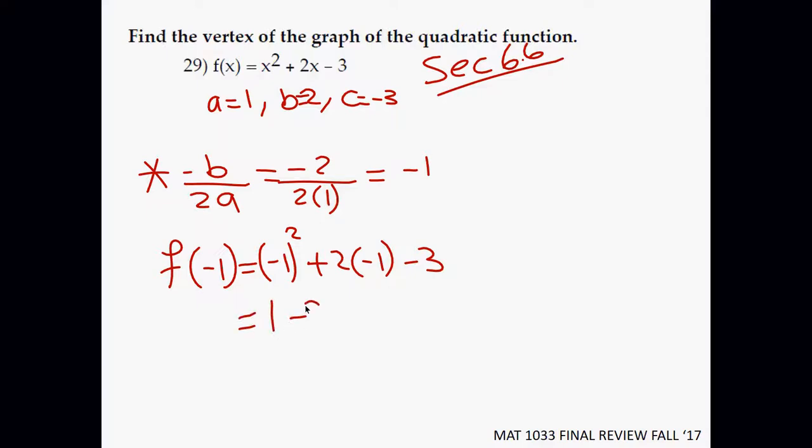And that is equal to 1 minus 2 minus 3. And that will be negative 4. So the vertex will be negative 1 and negative 4. And that is part C in the question. D, yes. Yeah, part D.